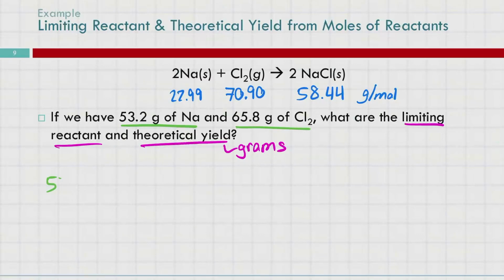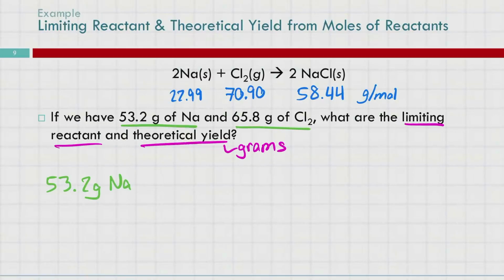So starting with 53.2 grams of sodium, in order for this balanced equation to be helpful to us, in order to be able to do the stoichiometry step, we need to have these numbers not in grams, but in moles. Because they're different sized atoms, and so they have different masses.